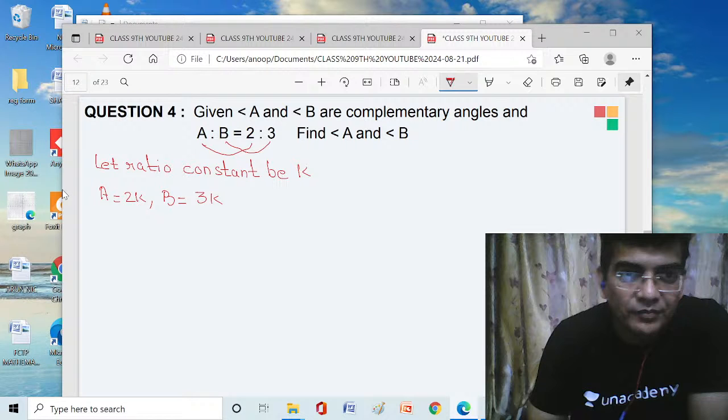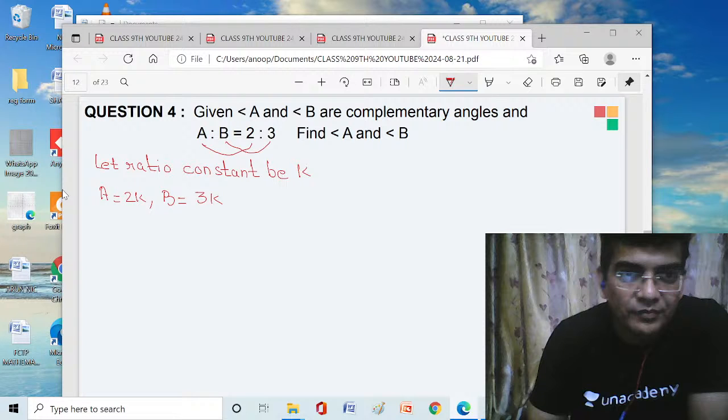So here A is 2k and B is equal to 3k. So their sum will be equal to 90.